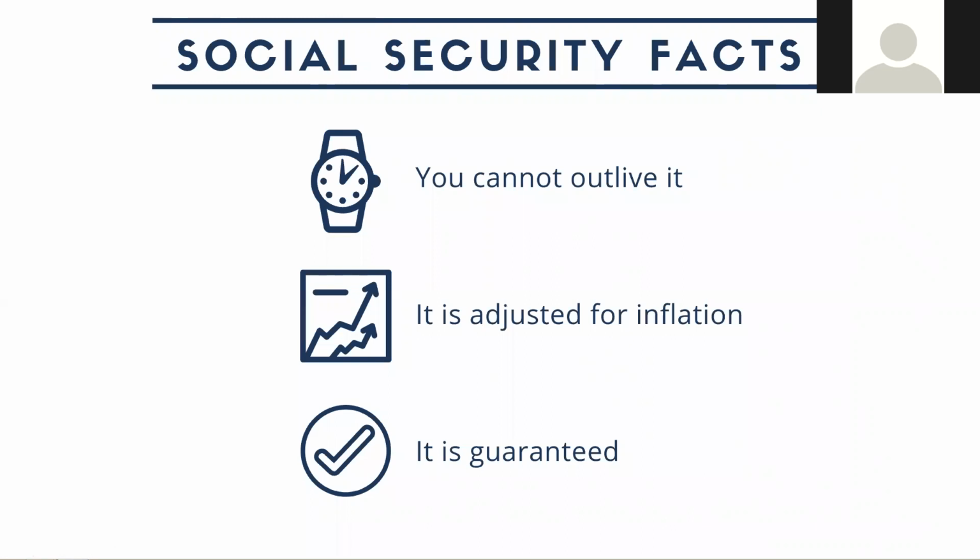And that combination of things is really valuable when you put it in the context of your overall retirement plan. And so Social Security is definitely worth your time and attention. And so this is awesome that we've got such great turnout for today's presentation. It's a great first step to really be thinking about what's the best decision for you.